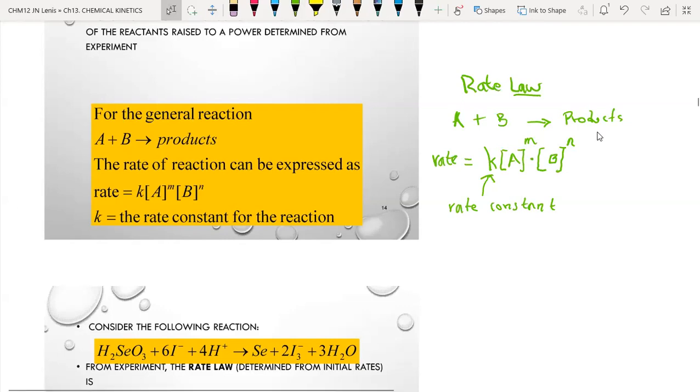So there are a few things to analyze here in this rate law. Let's describe the parts of the rate law. First, we have a constant. It's called the rate constant. Notice that this is a lowercase k. This is a different constant that has nothing to do with the equilibrium constant. We are not talking about equilibrium; we're talking about rate. So this is called the rate constant, and the rate constant has units.